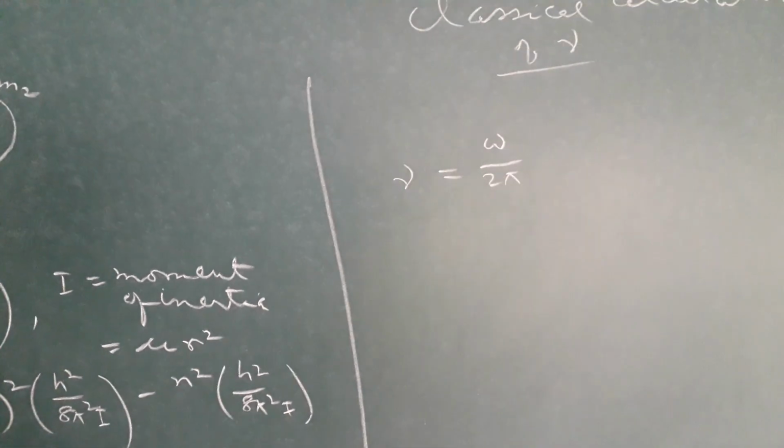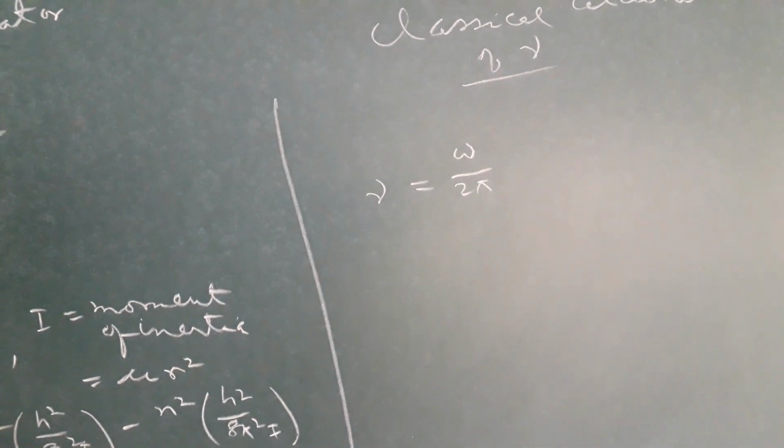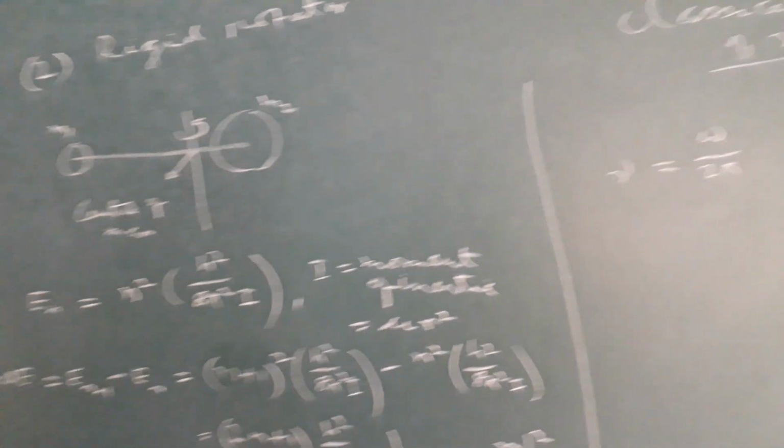Twice pi is the angle covered for one rotation. So omega by 2 pi will give you the frequency of this rigid rotator.